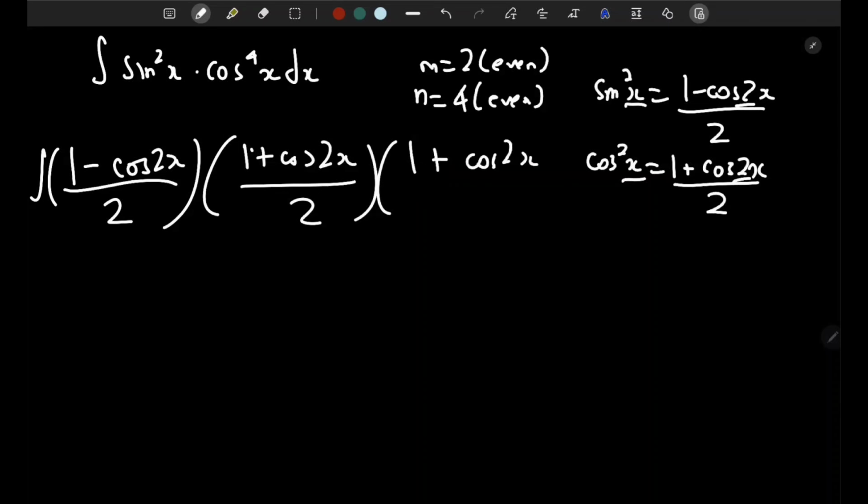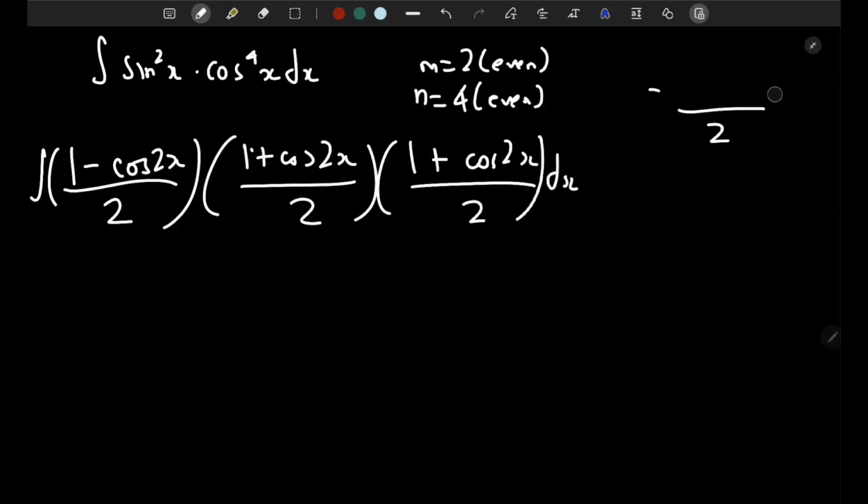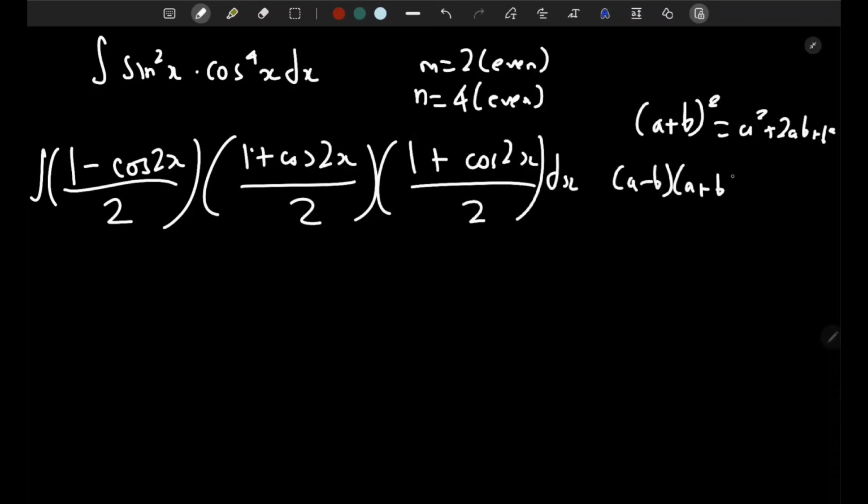cosine 2x over 2. Now I need you guys to remember some basic formulas, which are the perfect square formula, a plus b squared is equal to a squared plus 2ab plus b squared. And the other formula that you must remember is the difference of squares, so a minus b into a plus b is equal to a squared minus b squared, and this is called the difference of perfect squares, or squares, not sure.